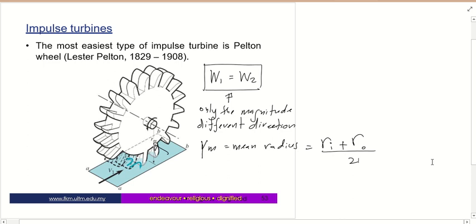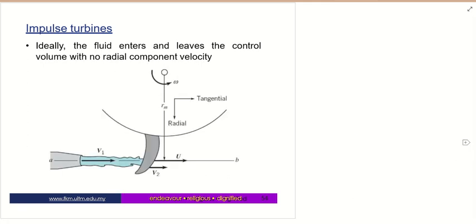So let's see the schematic diagram for the Pelton wheel. This is the tangential, and this is the radial. In the Pelton wheel turbine, no radial velocity components are involved.